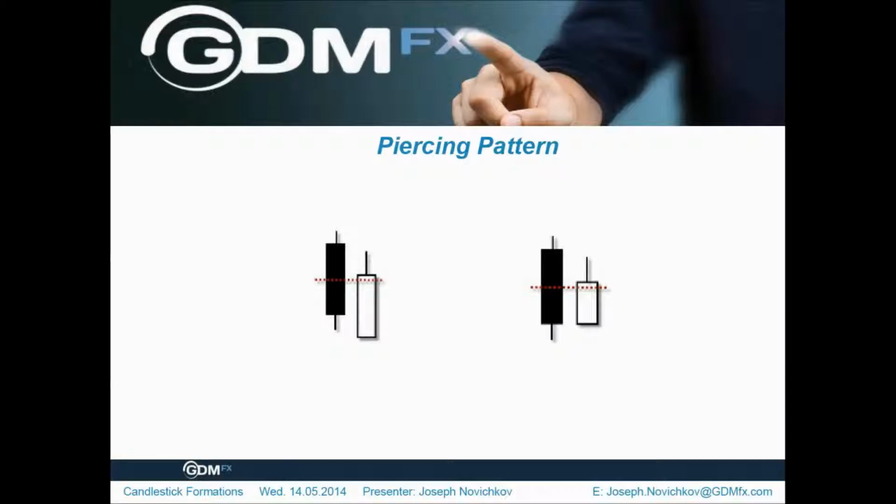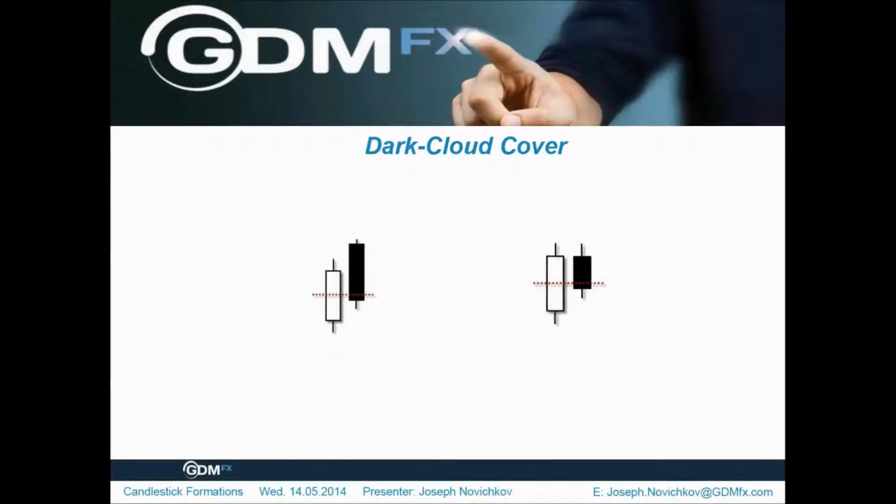Our next candlestick formation will be the dark cloud cover. This is very, very similar to the piercing pattern that we just went over, but this particular candlestick formation called the dark cloud cover is a bearish reversal signal.